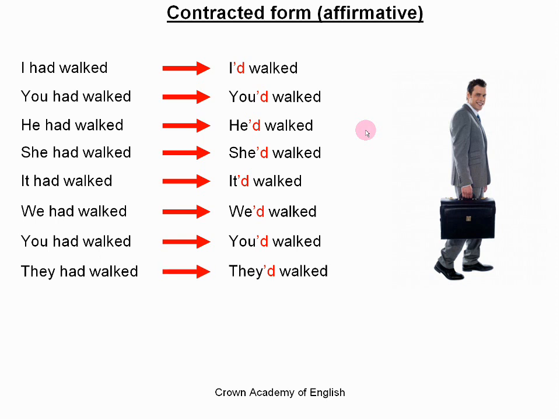And they'd walked. Okay, so we are replacing the letters H and A by an apostrophe. Okay, so as always, the contracted form, we normally use it in spoken English. Okay, it is rare that we actually write it unless it is direct speech. Okay, so this is the contracted form.